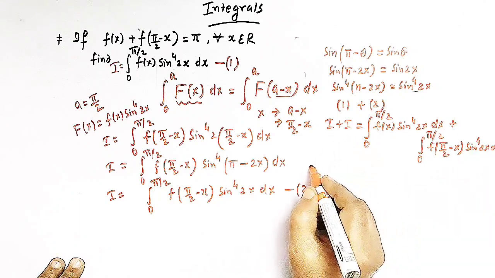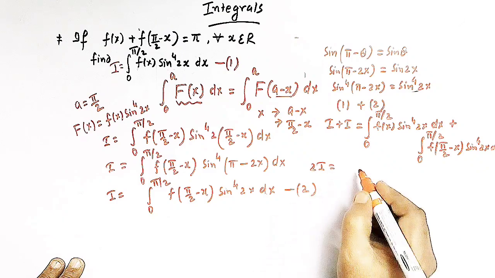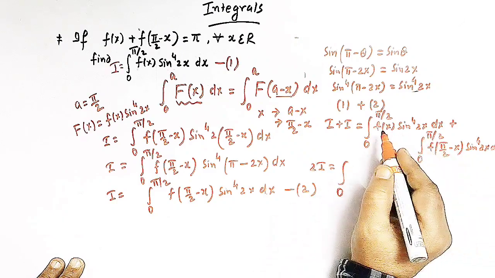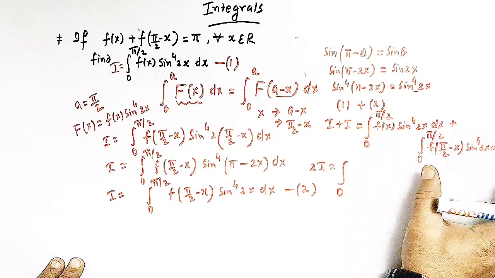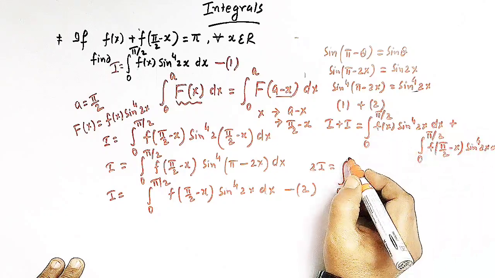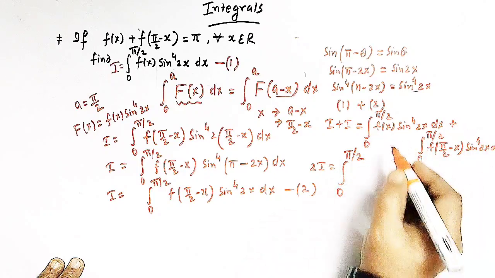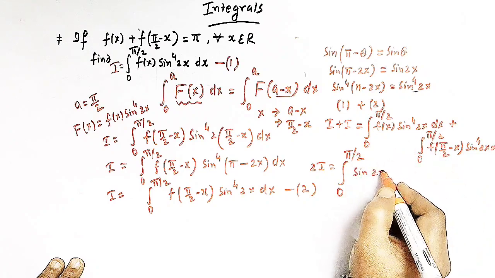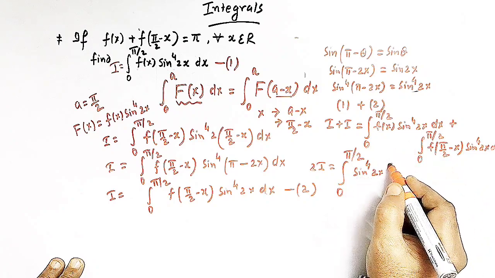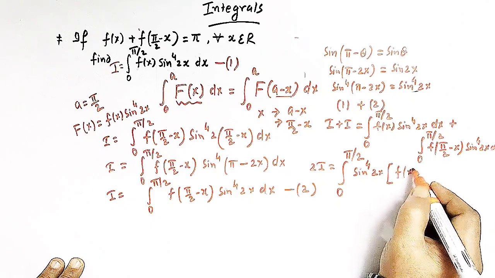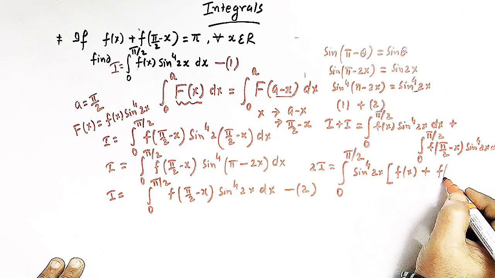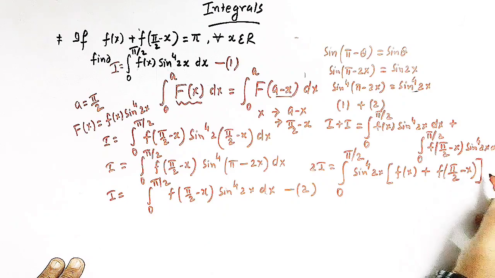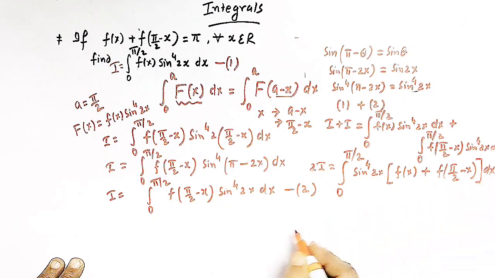So I plus I is simply 2I, and since the limits of integration are same in both the integrals, we have 0 to pi by 2, and we can take sine 2x raised to 4 as common, and we have f of x plus f of pi by 2 minus x, and here we have dx, right?